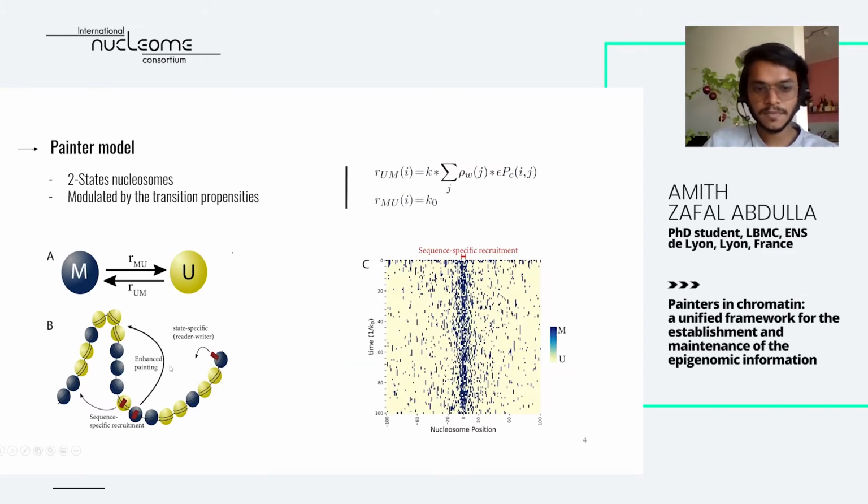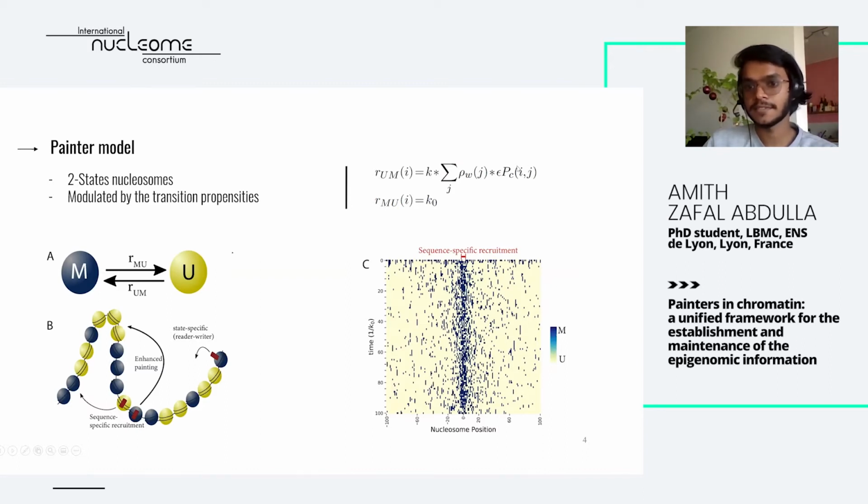So this is a scheme of our spreading process. The process of sequence-specific recruitment can be mathematically written down like this. Here we have the writing rate of the enzyme. Rho Wj gives us the probability to find the writer or painter at position j. And PCij gives us the probability to find nucleosome i co-localized with nucleosome j.